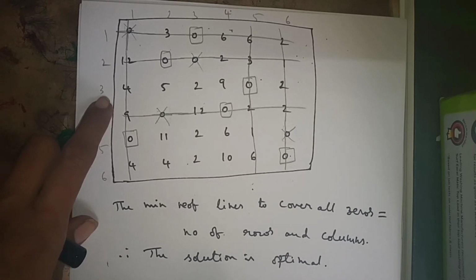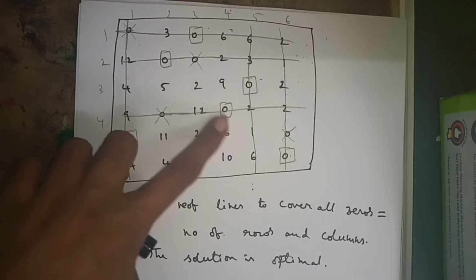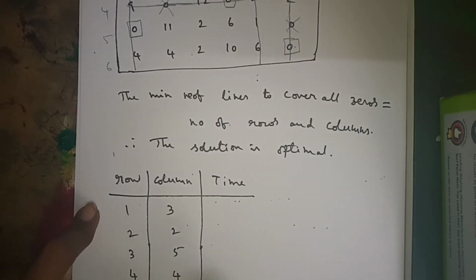Third row, fifth column. Fourth row, fourth column. Fifth row, first column. Sixth row, sixth column. In this manner we have got.